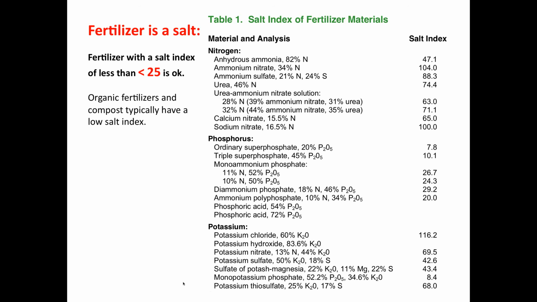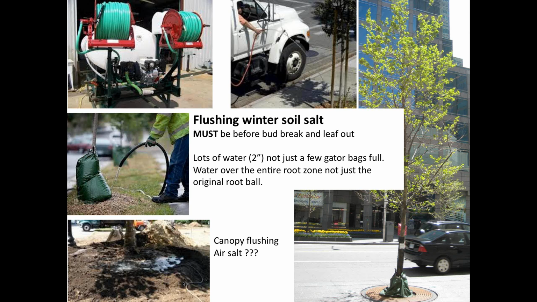You need at least 2 inches of water put over the entire root zone of the soil, and doing that when, for example, in Toronto where we have Silvacells, we've got to put that water into the water harvesting system, which is an interesting problem.